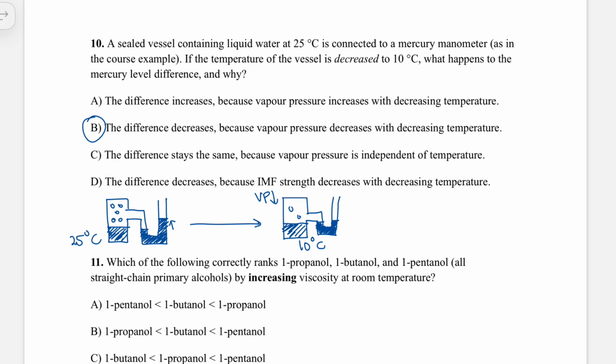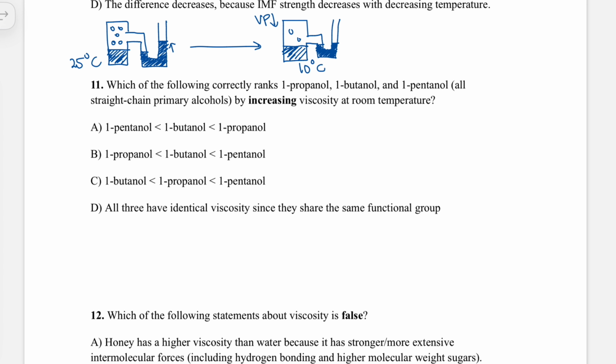All right, question 11. Which of the following correctly ranks 1-propanol, 1-butanol, and 1-pentanol by increasing viscosity at room temperature? So basically this is making us look at the LDF difference between all of them.